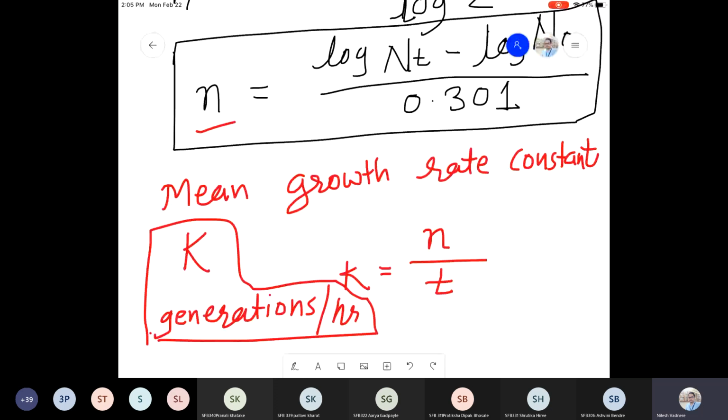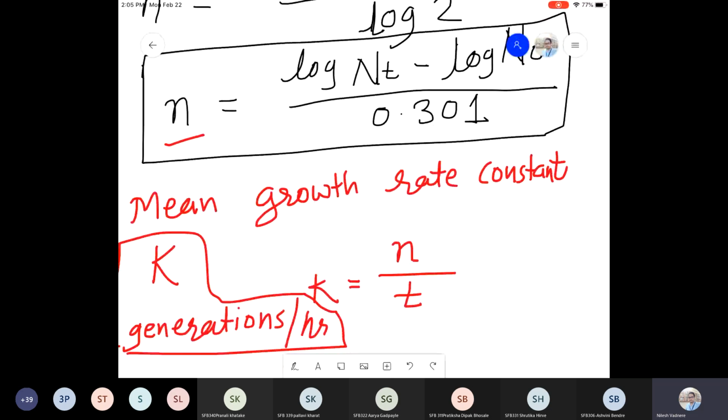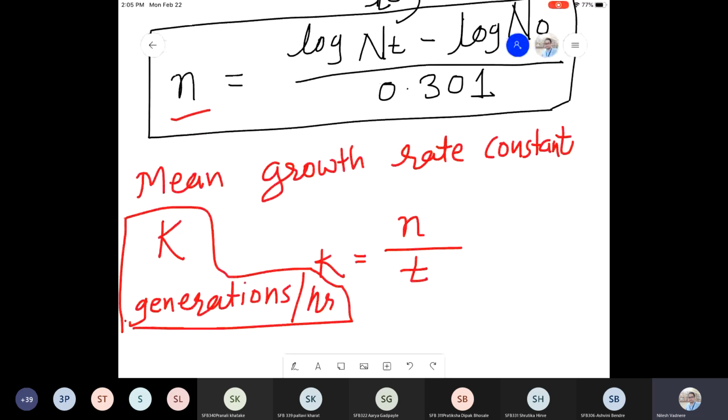Now we have the equation for n. We just derived that equation for n. Now what we will do, we will substitute this equation for n into the equation for mean growth rate constant, that is for k.